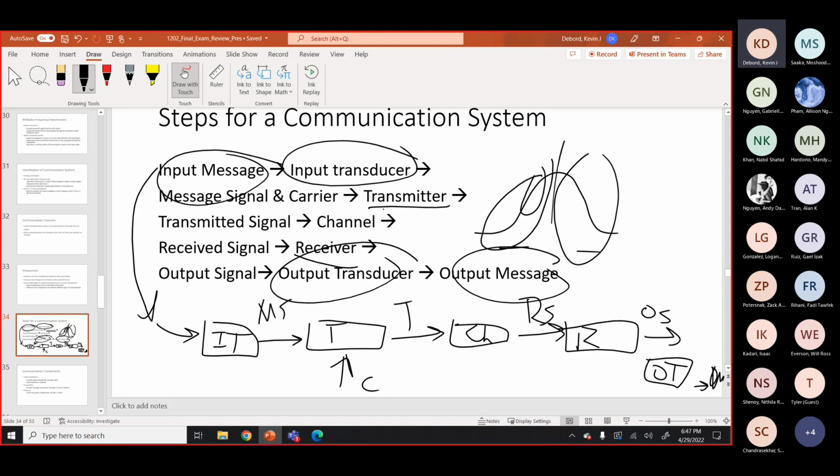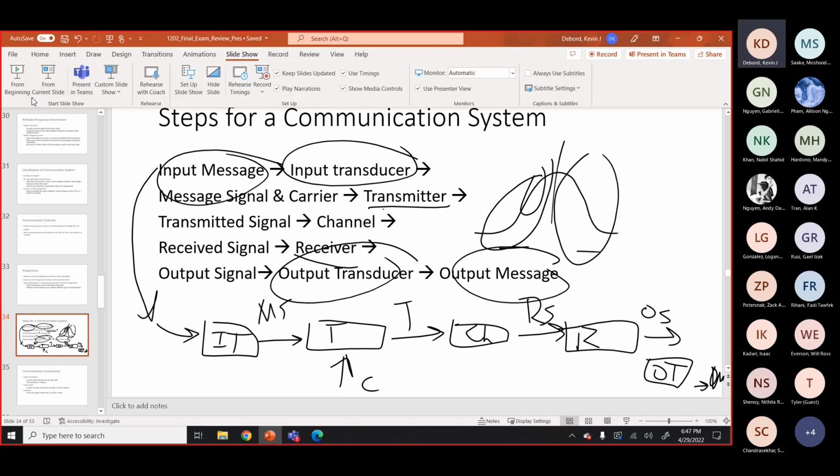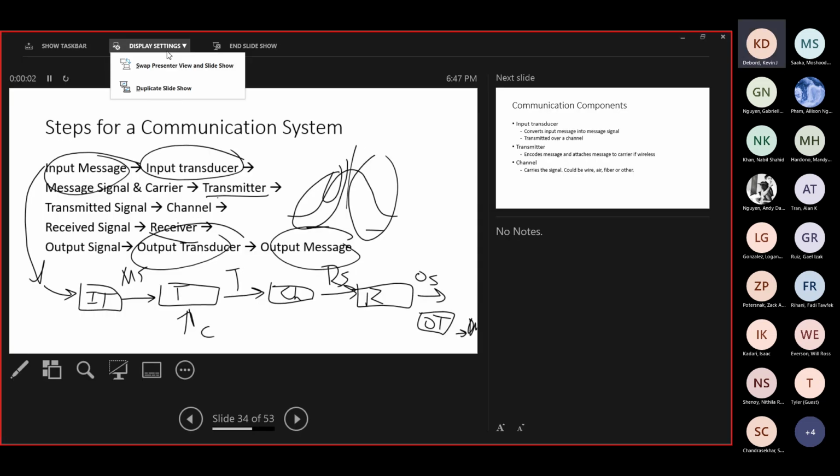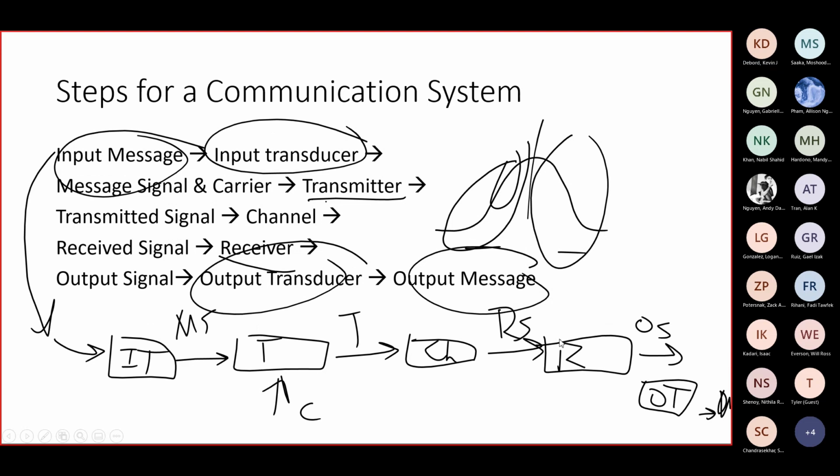I guess one way you can think about it is there's no way a transmitted signal can automatically go into an output transducer. But just try to find ways to do it yourself because I can only do so much. I'm just repeating what's on the slides to the best of my ability. But yeah, try to think about it in a way that can make it look like a bell curve or a wave.